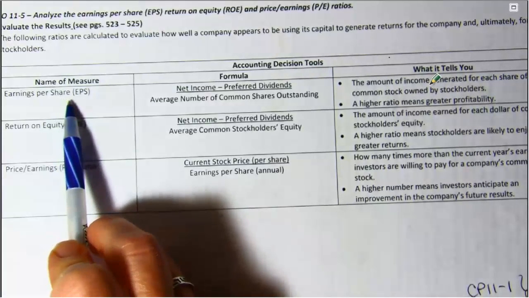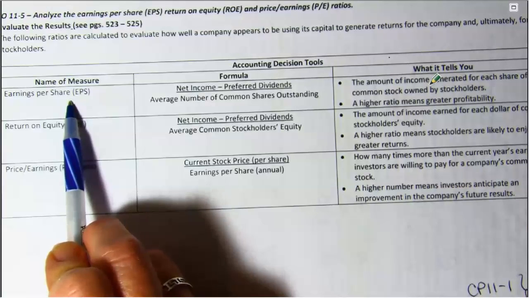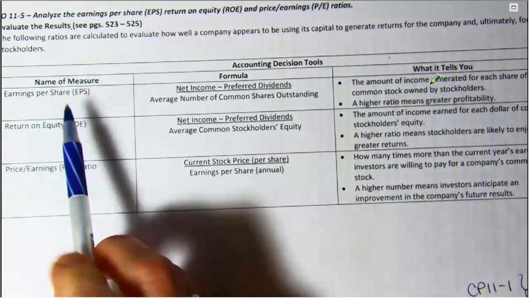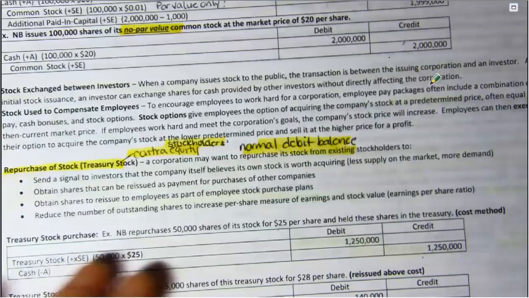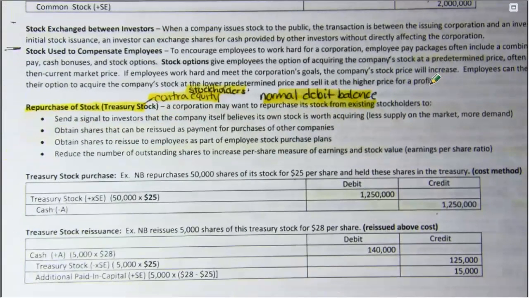And this number, the EPS number, is reported on the face of the income statement right below the net income, so investors watch this number. Now, is it manipulation to buy back your own shares just to increase the earnings per share? Yes, it is. But people who invest in stocks should know this.